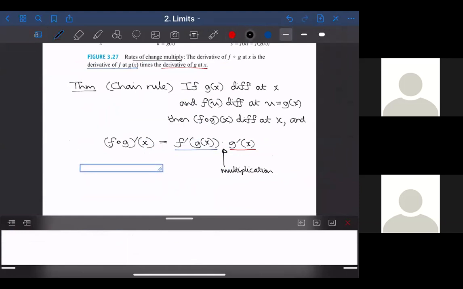So the formula I've written here is using functional notation.